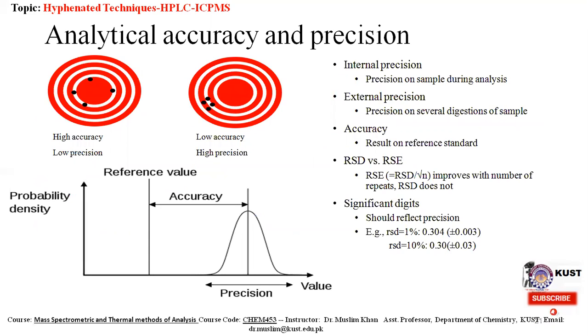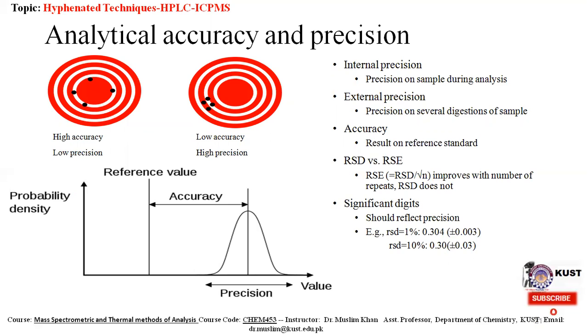You have to be careful about analytical accuracy and precision. You know what precision and accuracy are. The closeness of the data points to each other is known as precision, while the closeness between the average of your duplicates or triplicates and the actual value is known as accuracy.